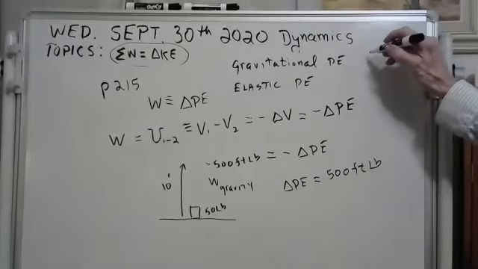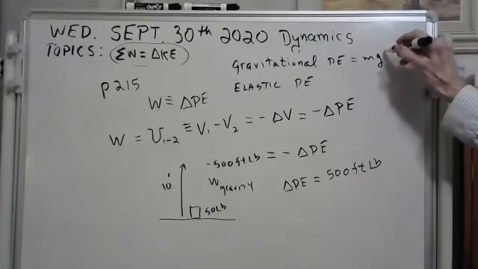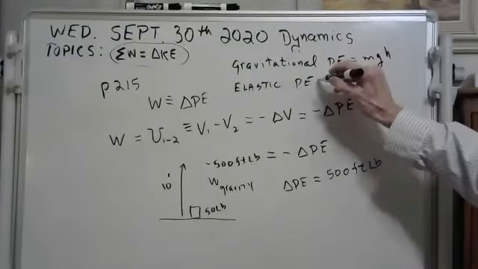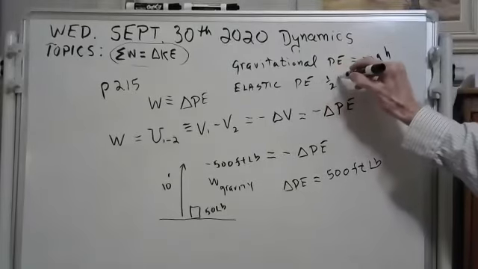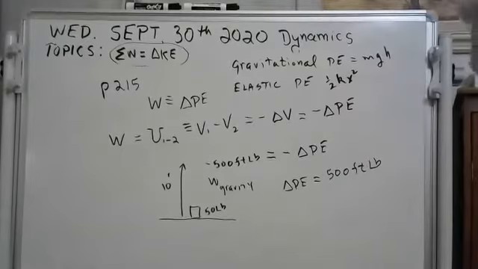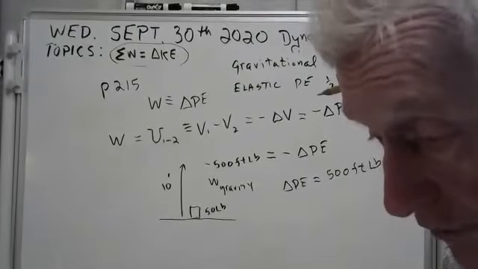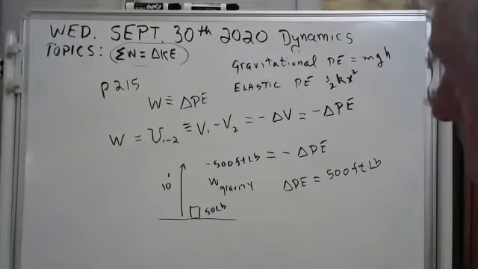And the equation is pretty easy. It's mgh and 1/2 kx squared for elastic. That's like springs, like rubber bands and springs.